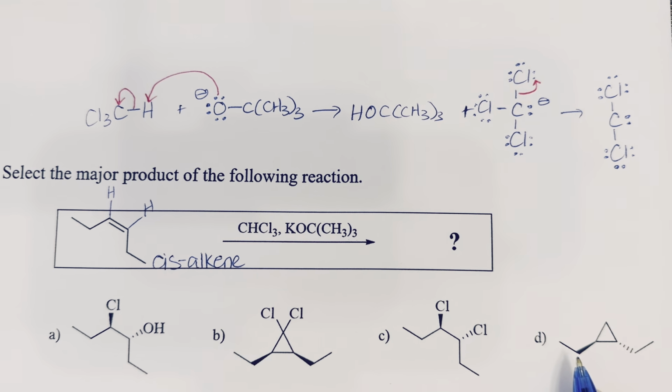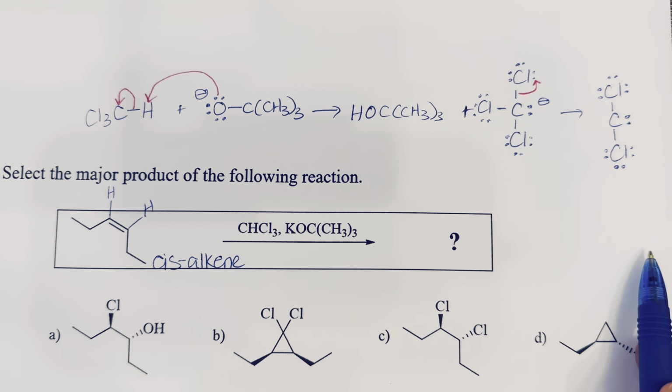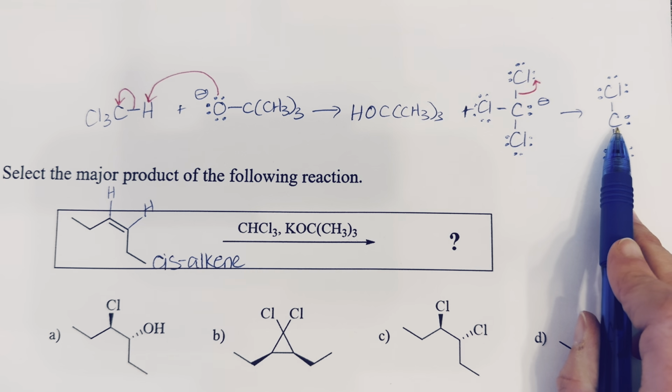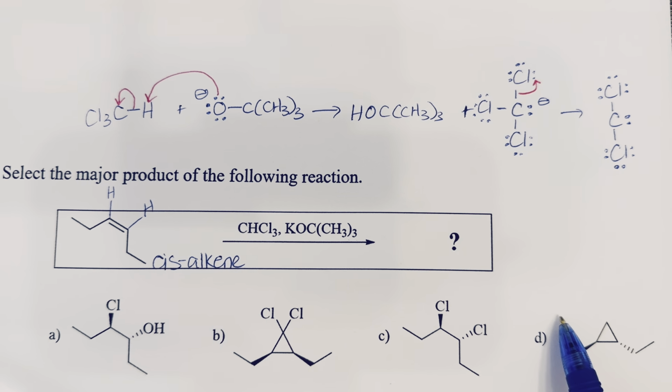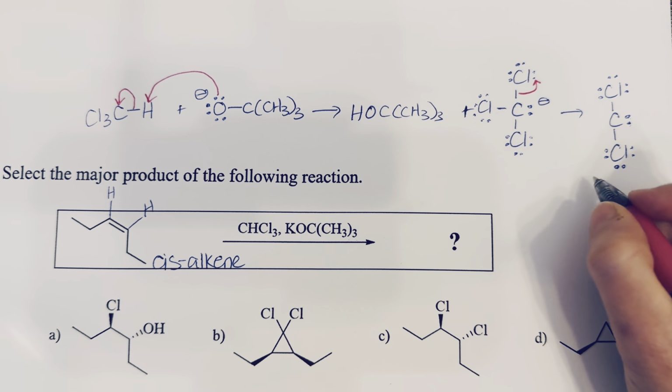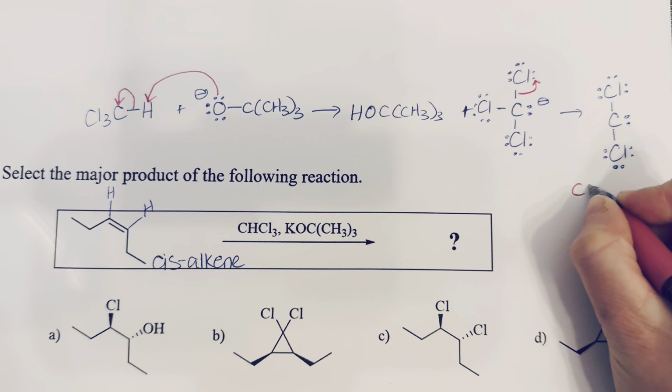And that carbon, although it does not have a full octet of electrons, it is electronically neutral. If you were to calculate the formal charge, carbon has a valence of 4, and we see 1, 2, 3, 4 electrons around that carbon. So it is neutral, but electron deficient. This is what we call a carbon that is a carbene.